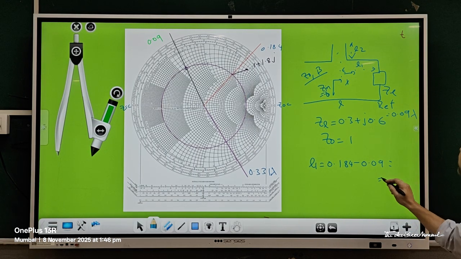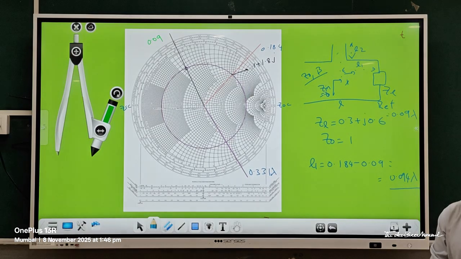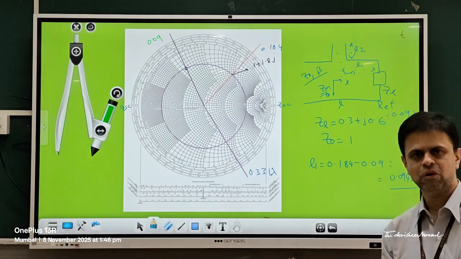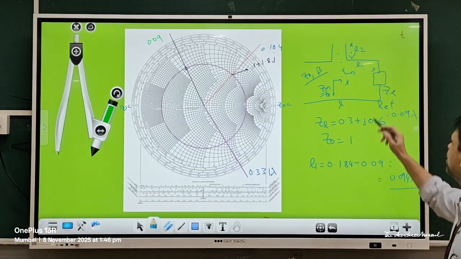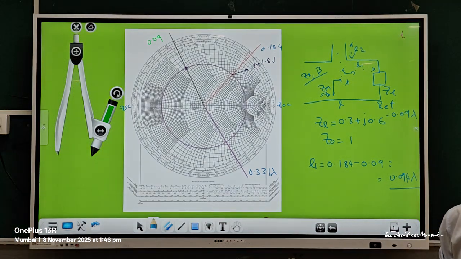That comes out to be 0.094 lambda. So L1 is basically 0.094 lambda. Remember, everything is in lambda.